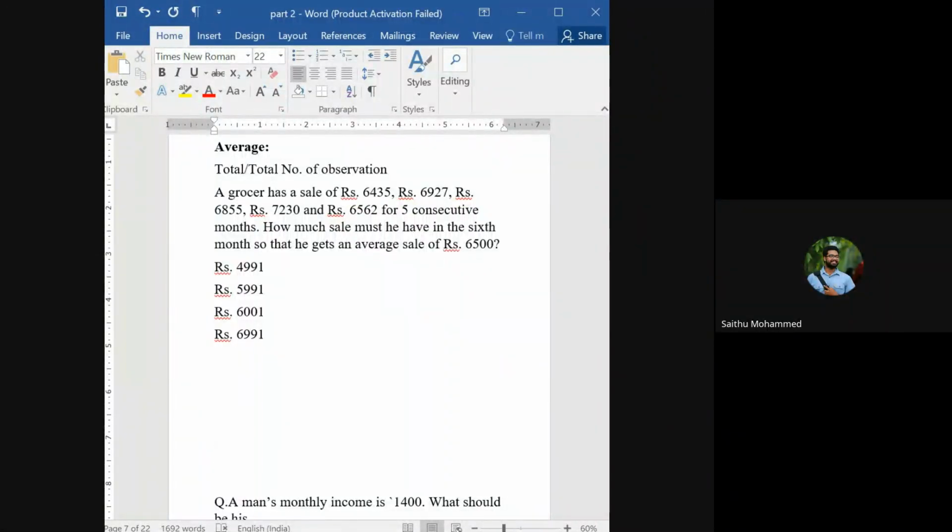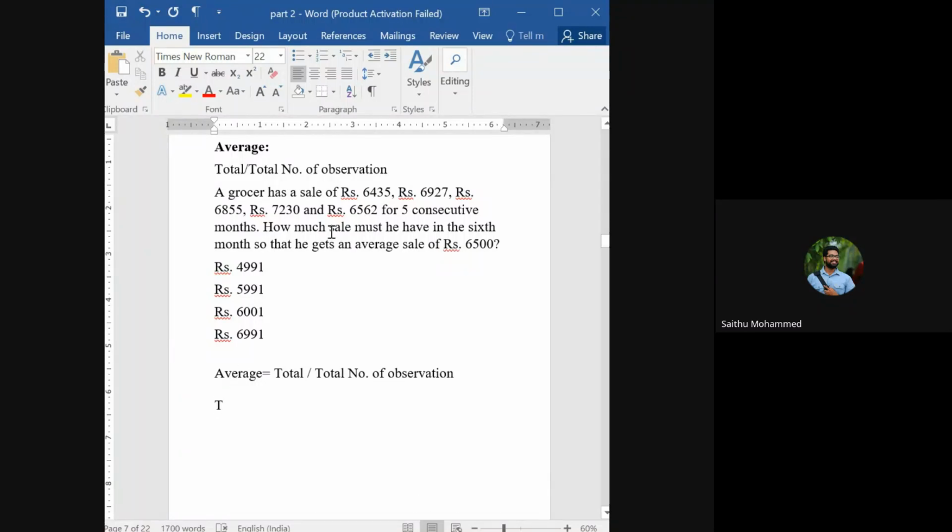Coming to here, first we will look into what is the total sale for how many months? 5 months. First we know that average equals total divided by total number of observations, right? If we know this, we can easily do any average problems.